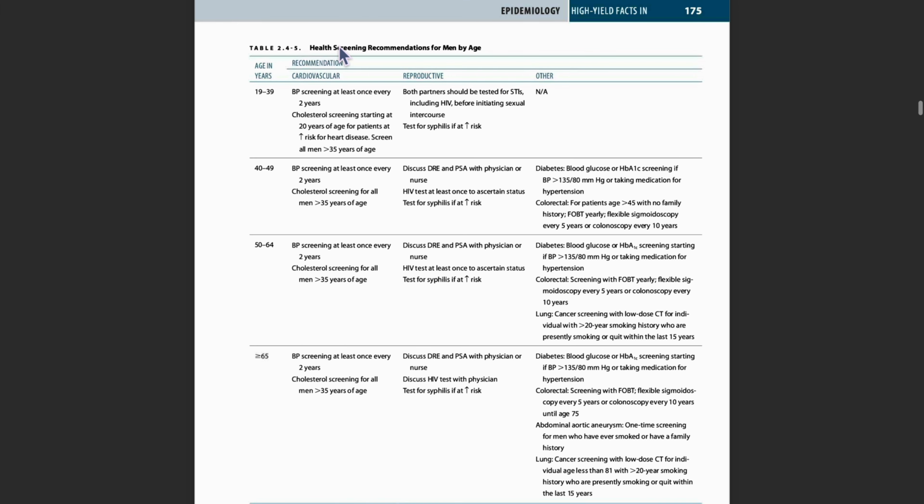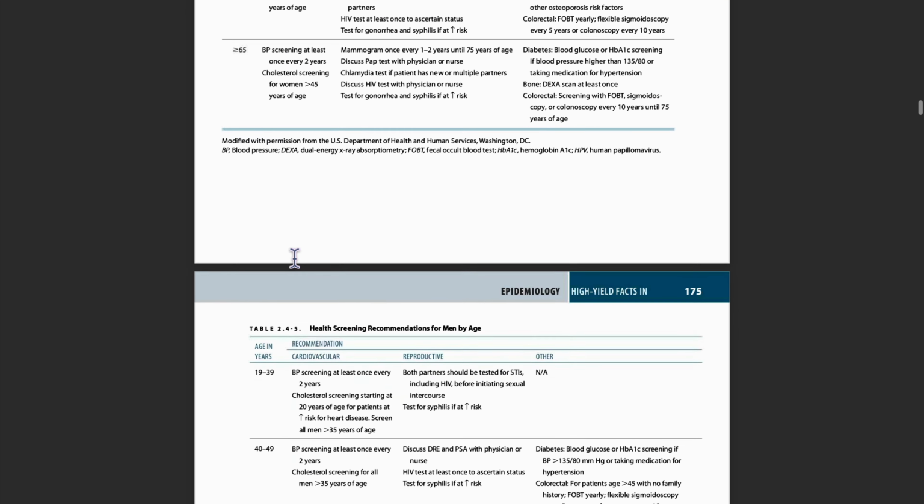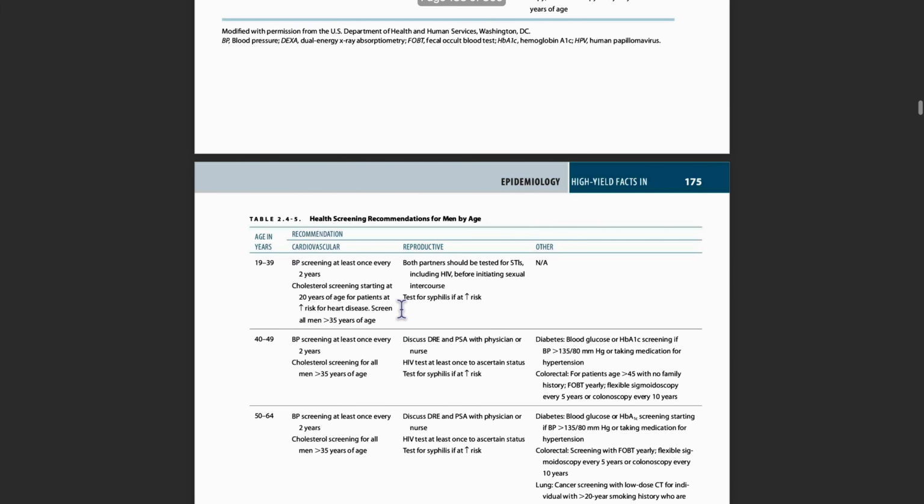For men, 19 to 31: cardiovascular, blood pressure screening at least once every 2 years, cholesterol screening at least starting at 20 years. This was 21? No, 20 years as well. Screen all men more than 35 years of age.